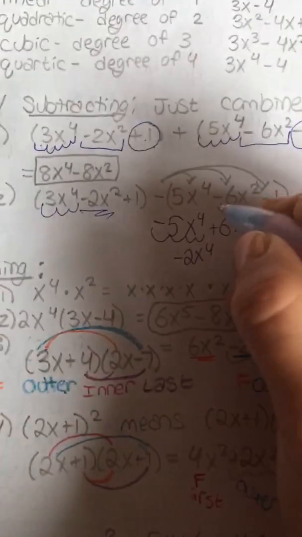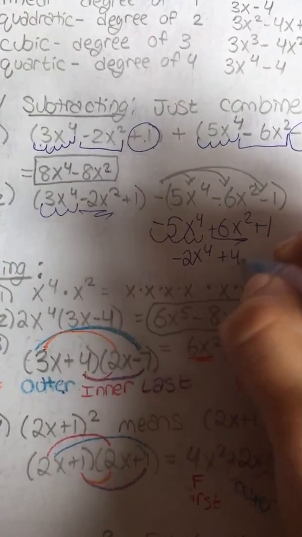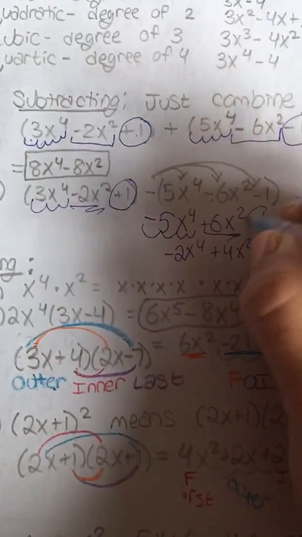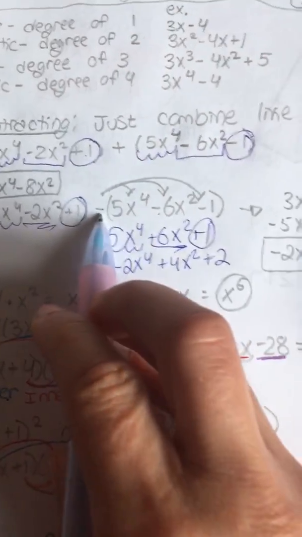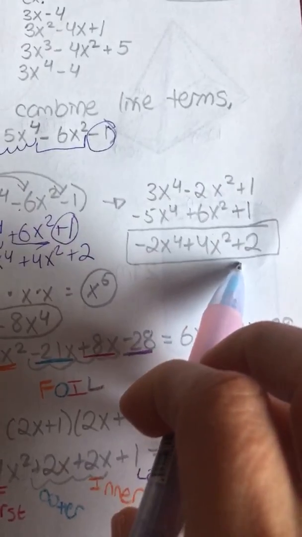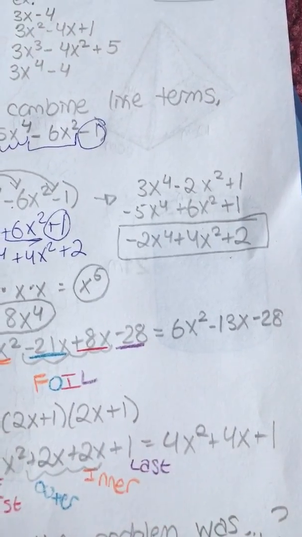Negative 2x squared plus 6x squared is 4x squared. And then you have your constants 1, and now it's plus 1, so plus 2. You can also distribute your negative and then arrange it like this, so that way your like terms line up. I'll just pause here for a minute so you can check that over too.